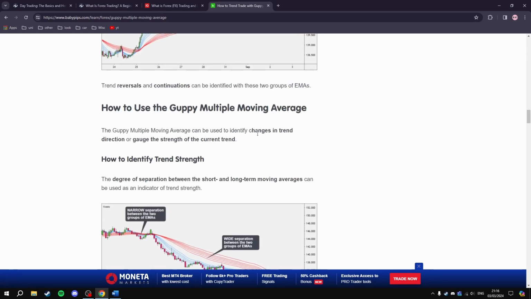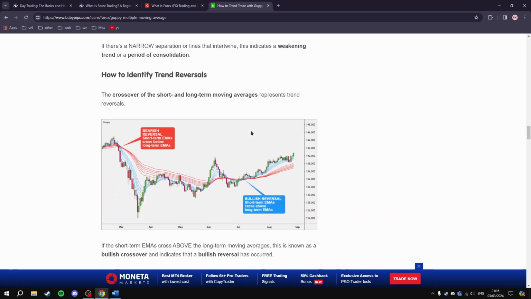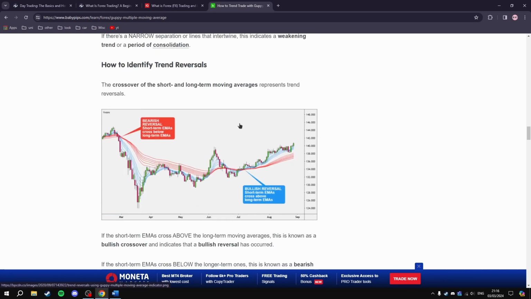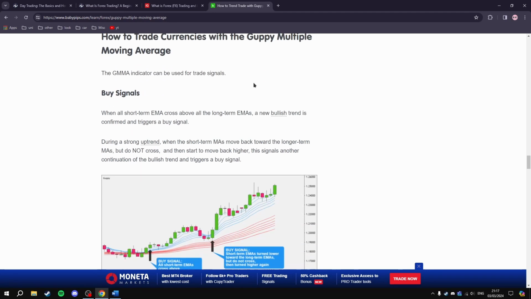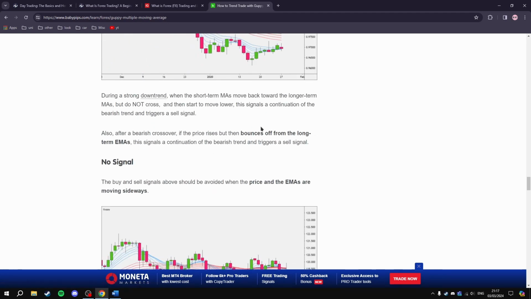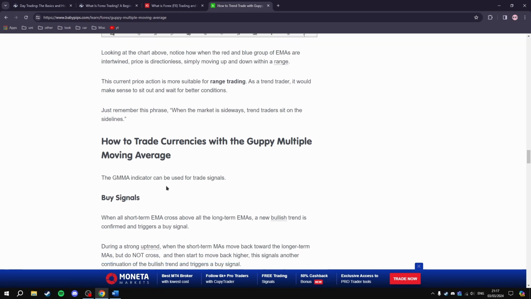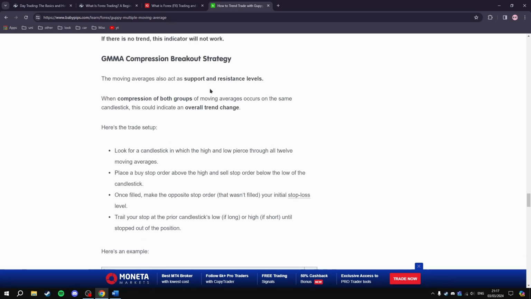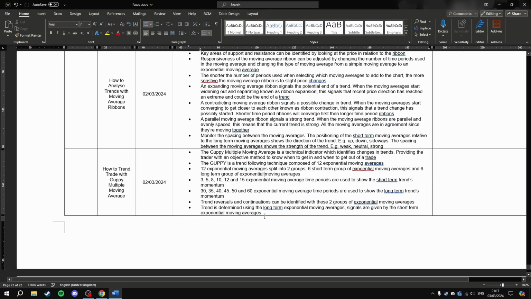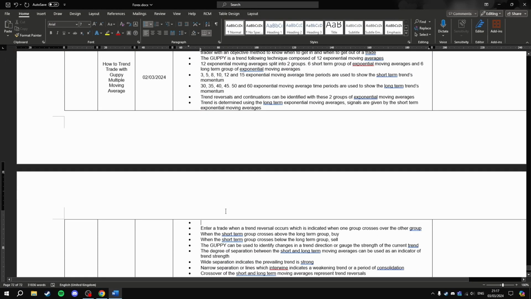How to identify trend strength and trend reversals, identifying lack of trends, and what the buy and sell signals are when using the Guppy multiple moving average. Now we paused at the GMMA compression breakout strategy. So let's continue off where we paused at, and your boys also fixed the spellings now, so they actually work.